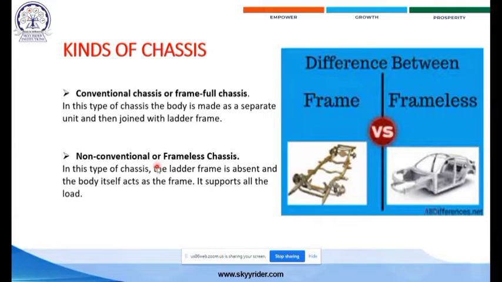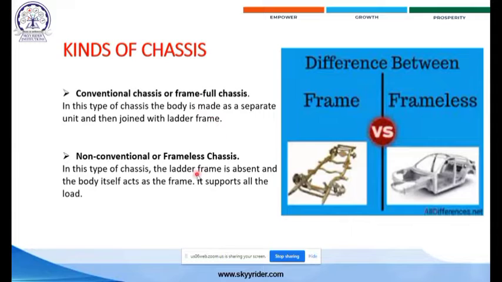And the frameless chassis, where the ladder frame is absent, and the body itself acts as the frame. It supports all the loads, whereas in a full frame chassis, the chassis sustains all the load of the body and other things.